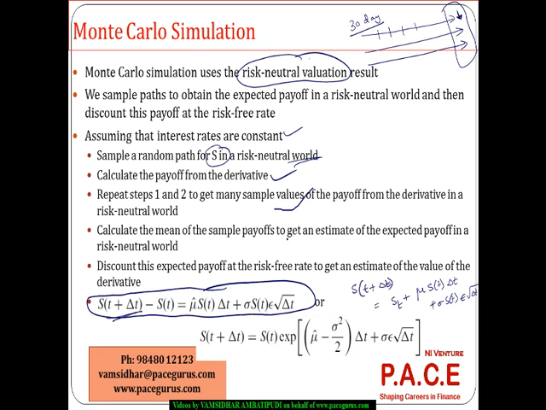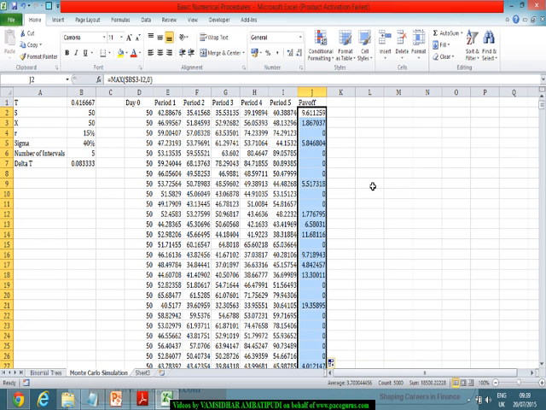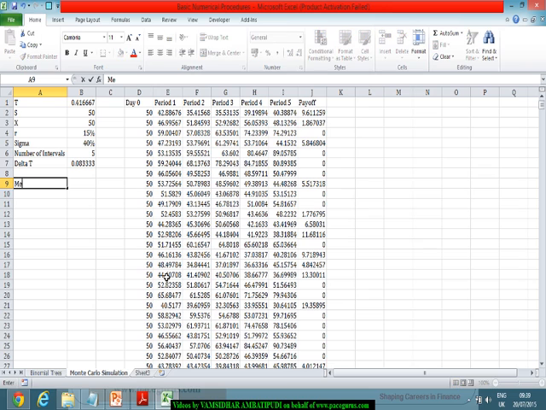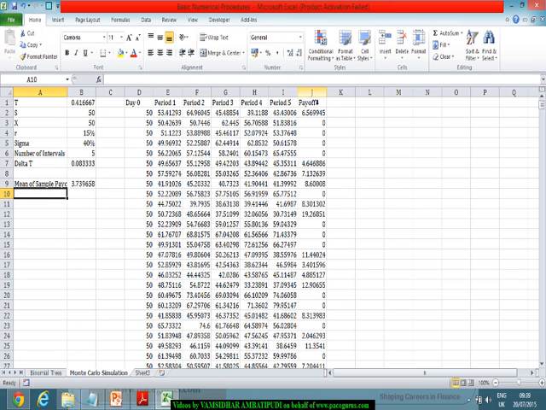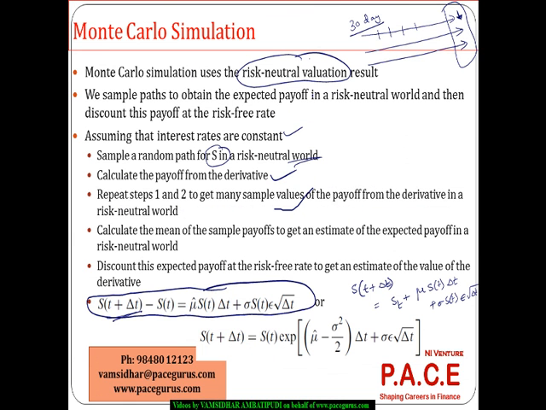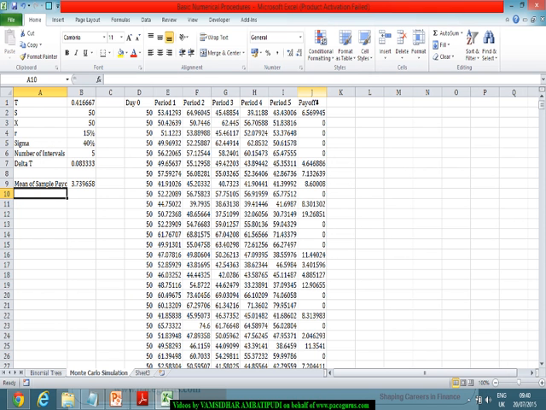Calculate the mean of the sample payoffs. I'll take the average value of these payoffs. I got 3.73. Discount the expected payoff at the risk-free rate to get an estimate of the value of the derivative.